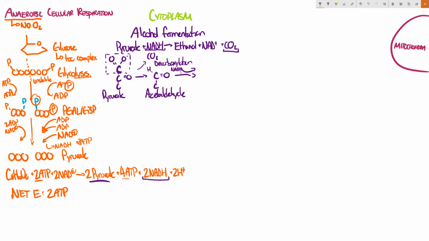And this hydrogen is going to come here and attach onto the oxygen to make an alcohol group. So our final product is our 2-carbon alcohol, ethanol. Bam! Once the NADH drops off the hydrogen, it's going to turn back into NAD+.